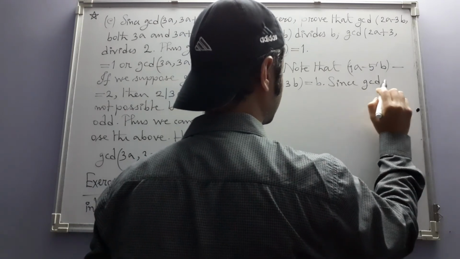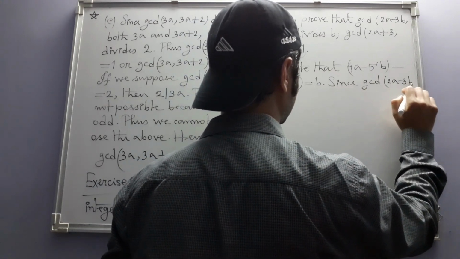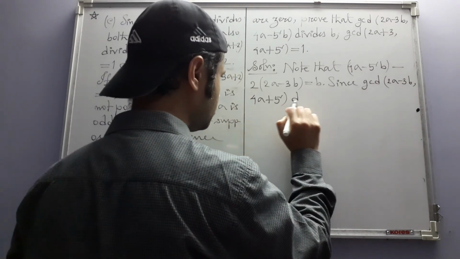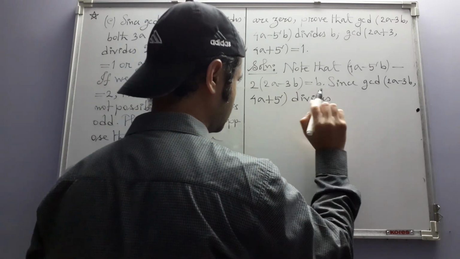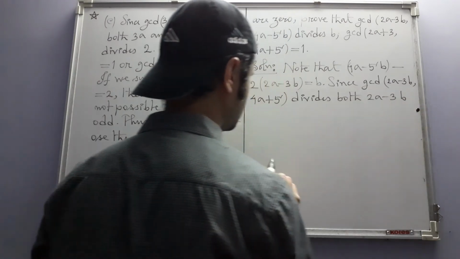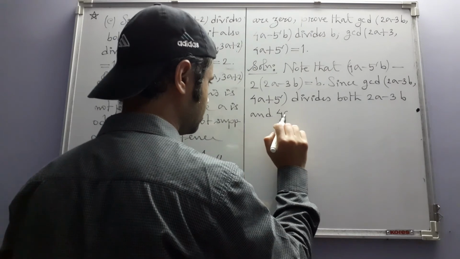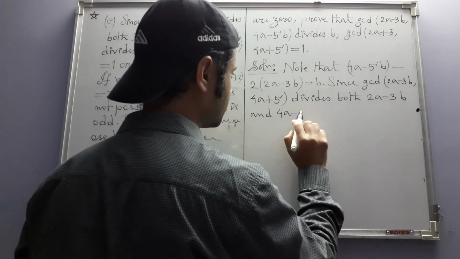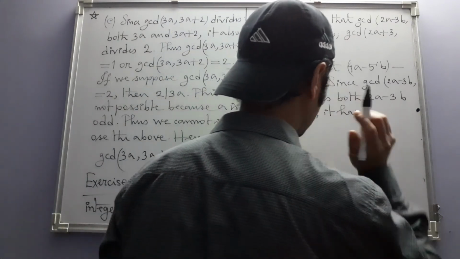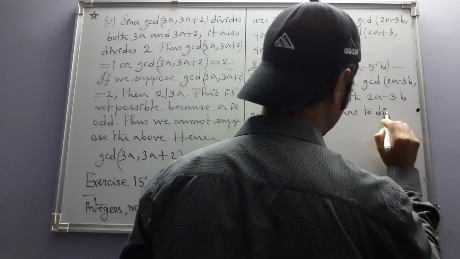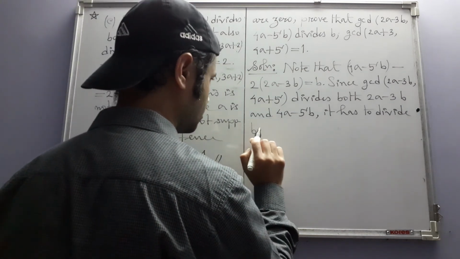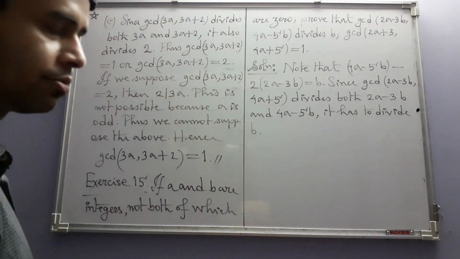Since this divides both 2a minus 3b and 4a minus 5b, it has to divide this combination of them, that is b. So that's how it divides b.